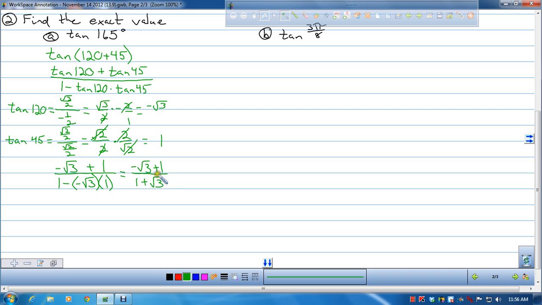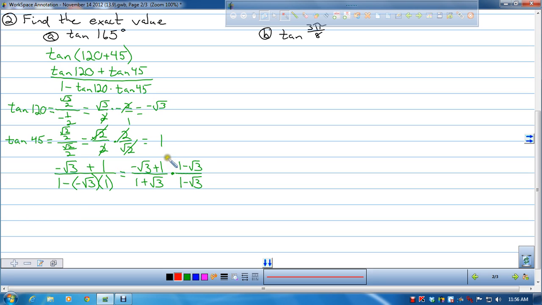So what will allow me to get rid of this root 3 is multiplying by the conjugate of the denominator, which is 1 minus root 3. Okay, so 1 minus root 3. I'm going to go down here, change my color. This is somewhat complicated, so make sure you stay with me.